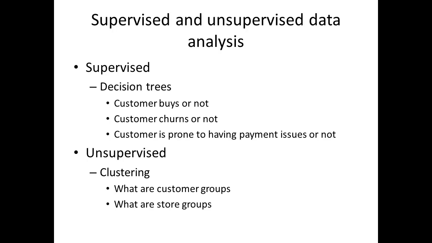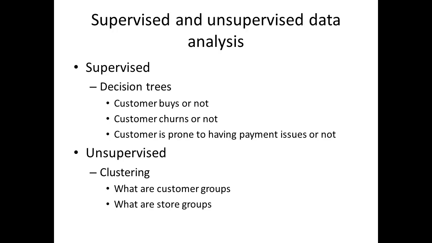Now, with data analysis, with SAP predictive analysis, the methods that we're using can broadly be described as either supervised or unsupervised data analysis methods. Let's bring some examples. Right now, in the third learning module, we're going to look at a supervised data analysis method.